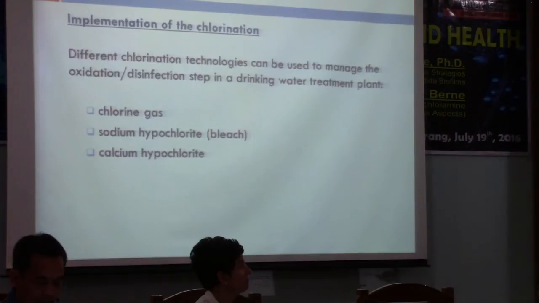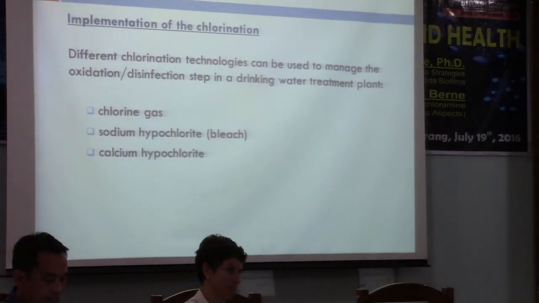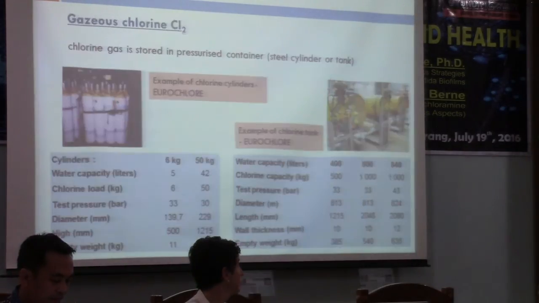Now the practical aspects of how to do chlorination and monochloramination. I have to accelerate. So you have three forms to use chlorine when you do chlorination: chlorine gas, liquid chlorine as sodium hypochlorite, and calcium hypochlorite, solid hypochlorite.